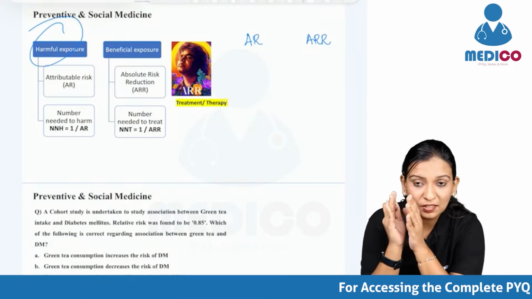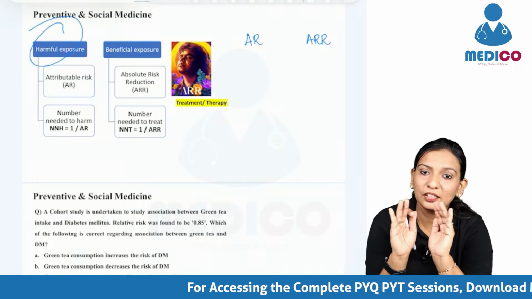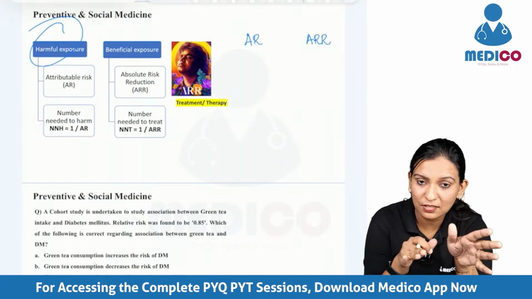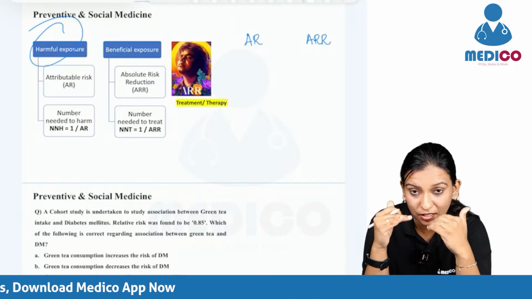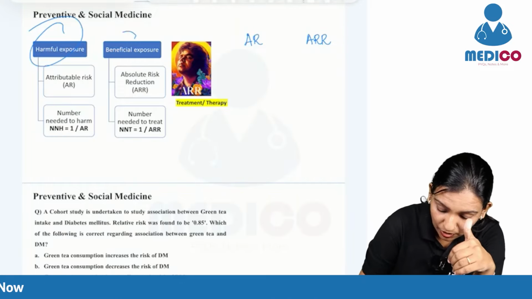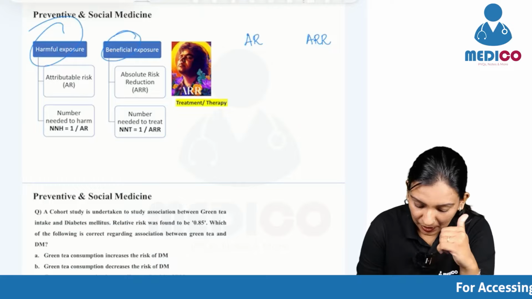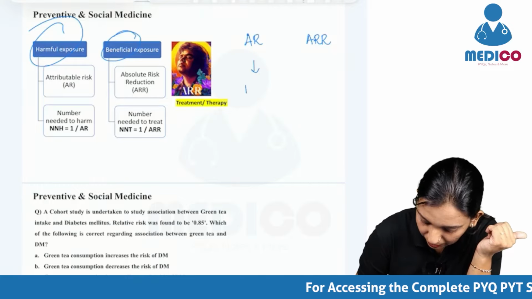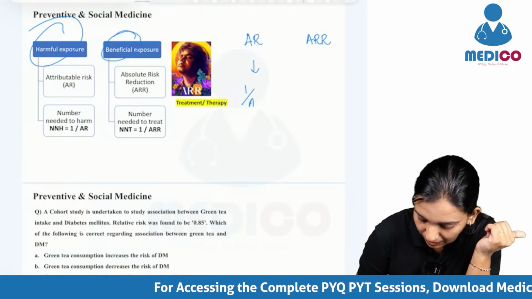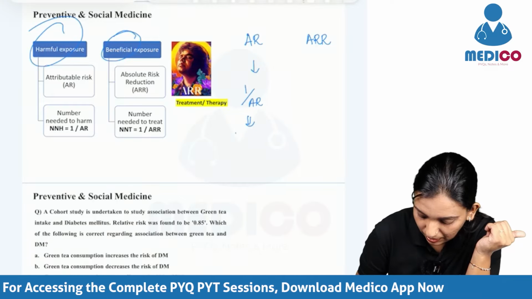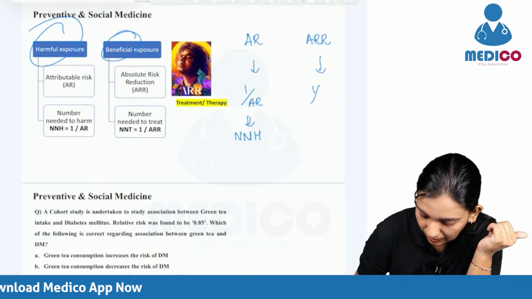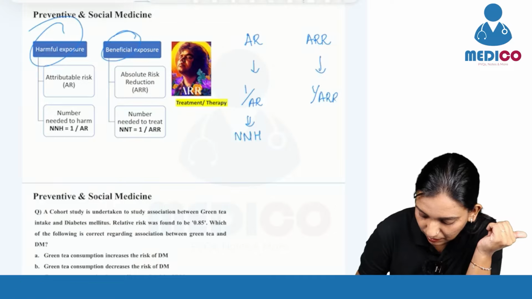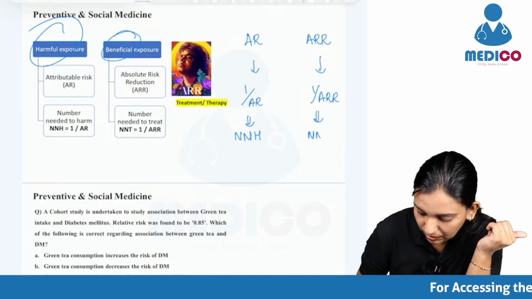Whereas absolute risk reduction, the calculation, everything is almost the same as your attributable risk, but with absolute risk reduction, you're reducing, right? So absolute risk reduction is said in terms of beneficial exposure. And 1 by attributable risk gives you the number needed to harm, and 1 by absolute risk reduction gives you the number needed to treat.